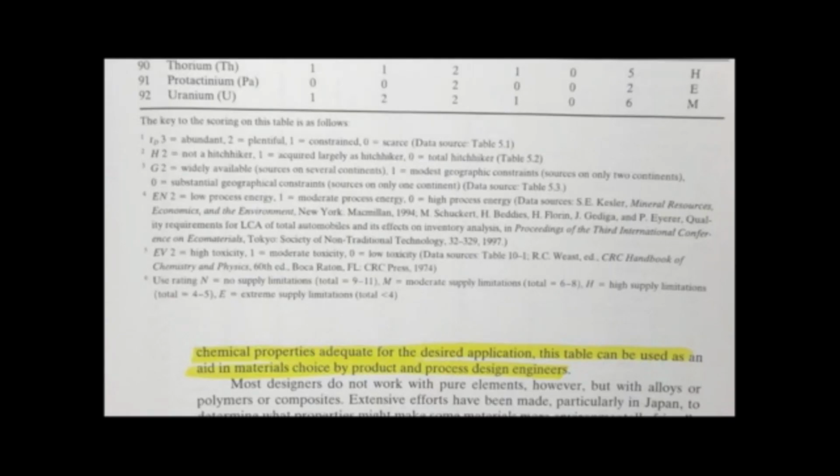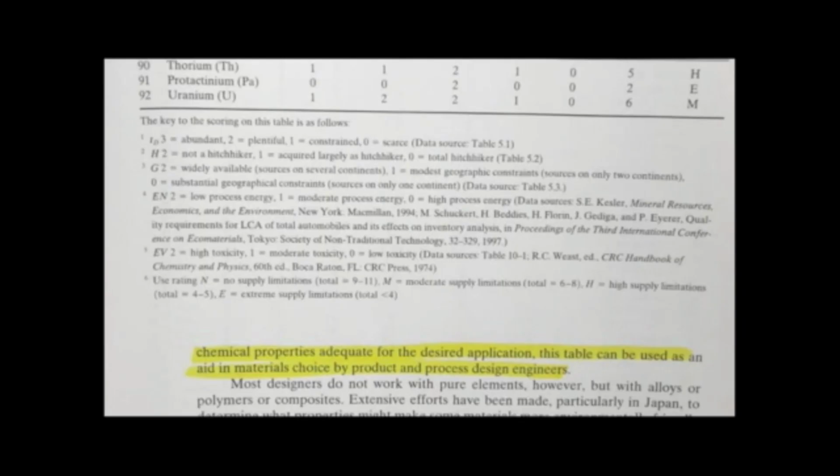On geographic availability, a score of 3 means it's widely available, and 0 means it's confined to just maybe one continent. The energy score of 2 means it has very low process energy requirement. Score of 0 means very high energy requirement.